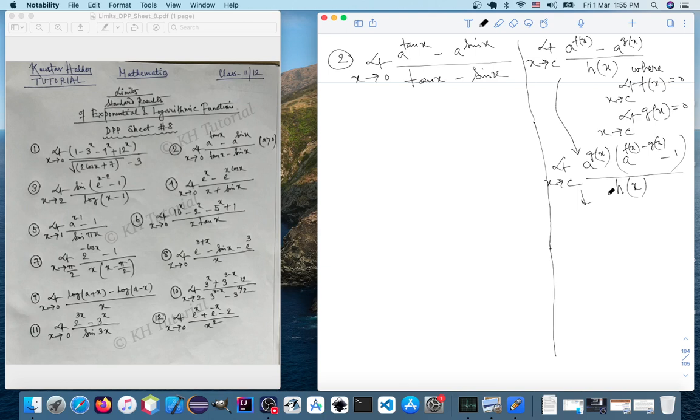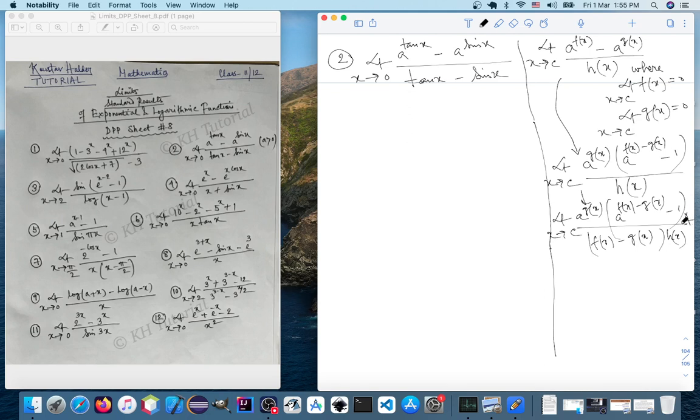denominator, and what we do is we create that a to the power fx minus gx minus 1, we create that fx minus gx, and there was hx, and we have to adjust fx minus gx, so multiply it with the numerator also.